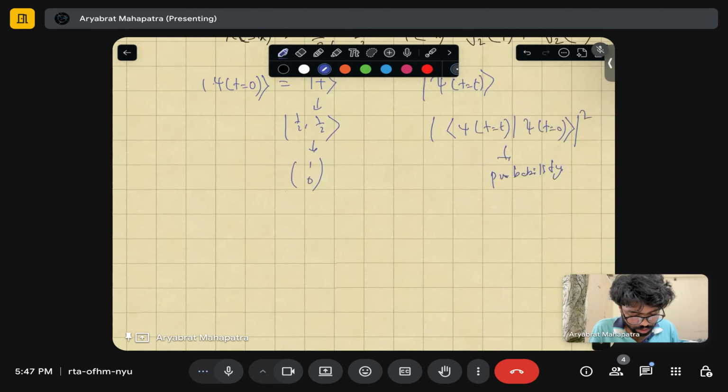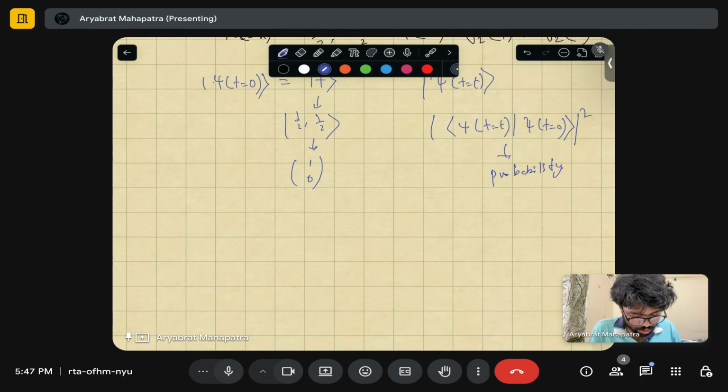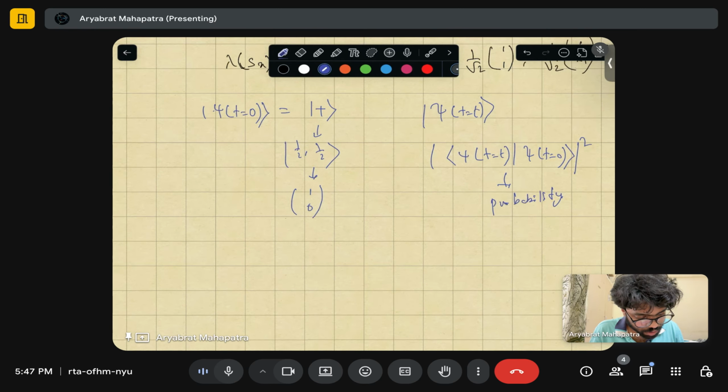So to do that, what we can do is, the state psi at t equal to 0, this plus which we have written, we can again re-express.